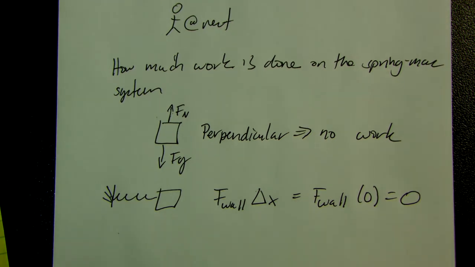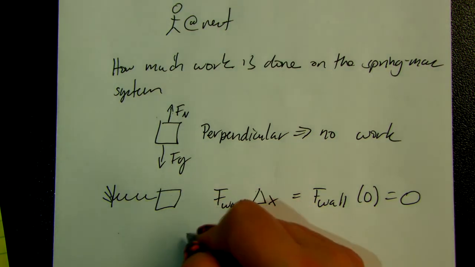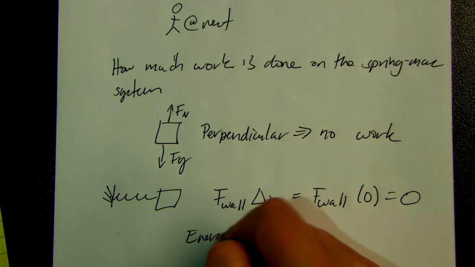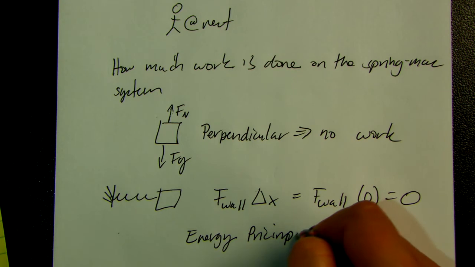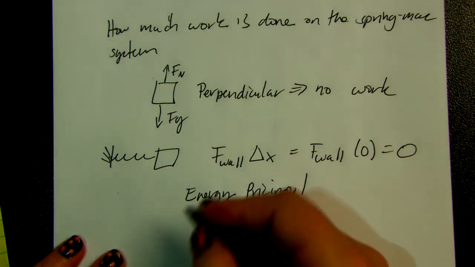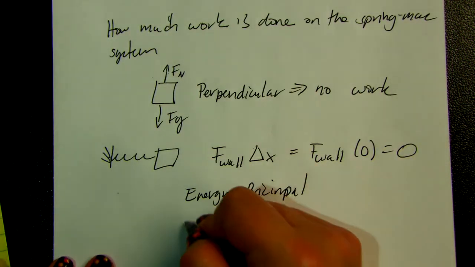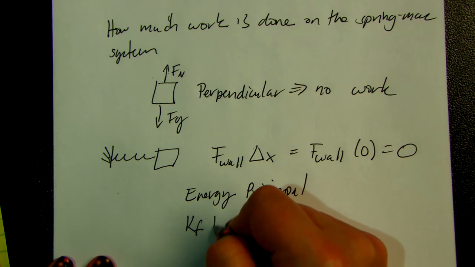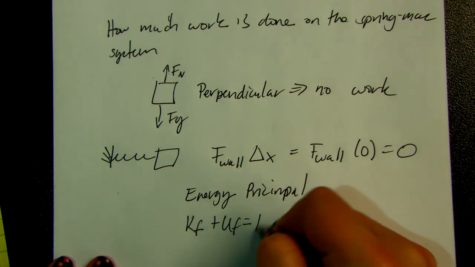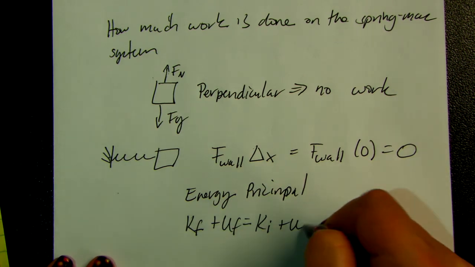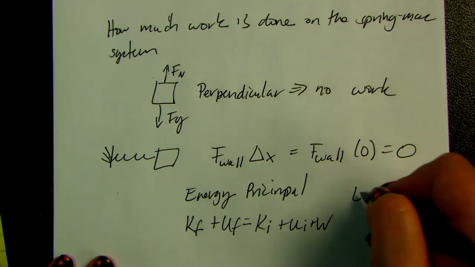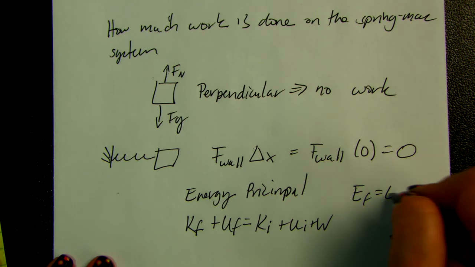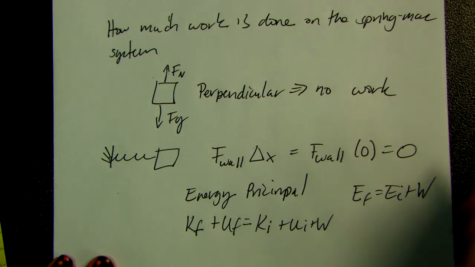Okay, so no work. Let's do the energy principle and solve for that velocity. That could be useful. K final plus U final is equal to K initial plus U initial plus work, or E final is equal to energy initial plus any work done.